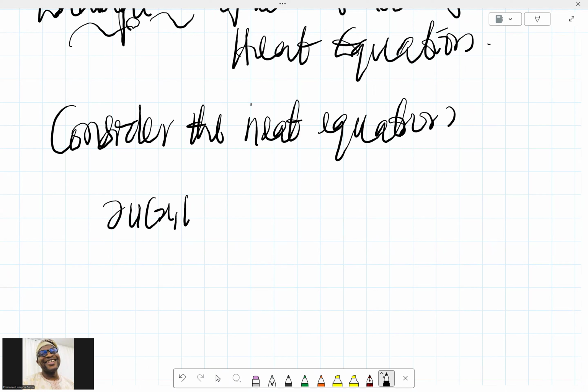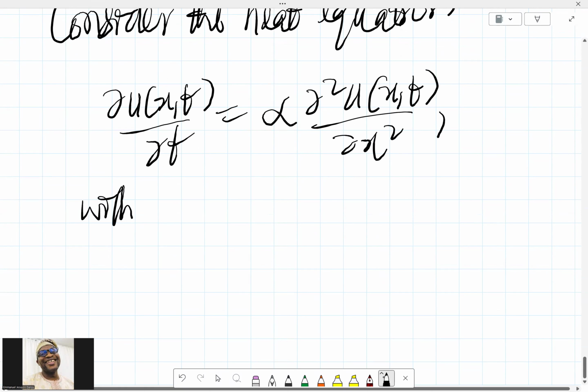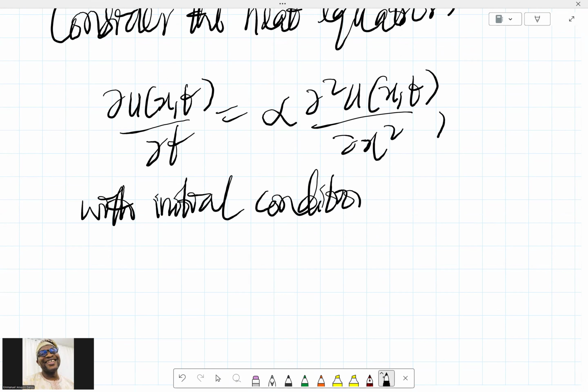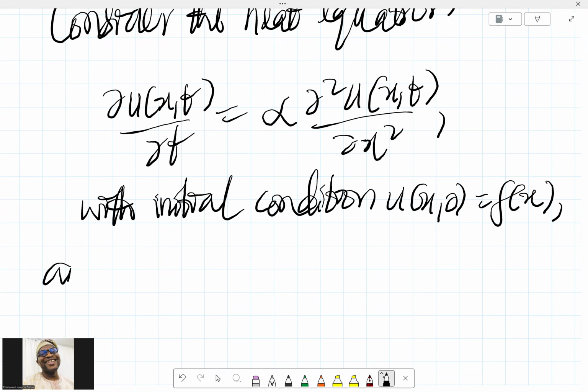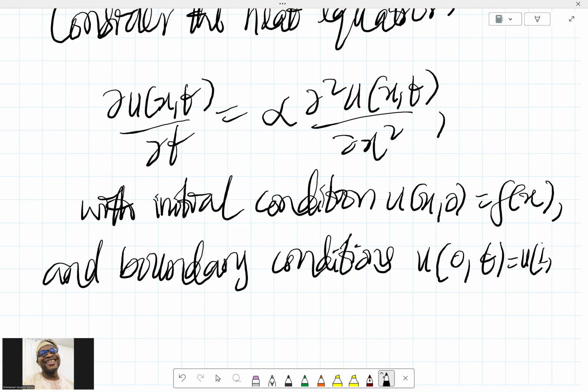Partial u of x comma t, partial t equals alpha partial squared u of x comma t, partial x squared, with initial condition u of x comma 0 equals f of x, and boundary conditions u of 0 t equals u of L t equals 0.